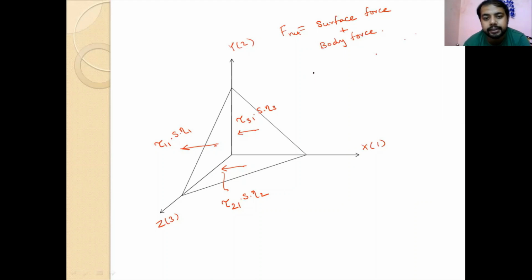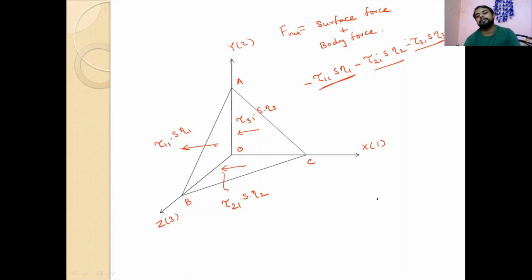Along the x-axis, the forces acting are minus tau 11 S n1, because it is the negative x direction, minus tau 21 S n2, and minus tau 31 S n3. These three surface forces act on the three corresponding areas: area AOB, area BOC, and area AOC.